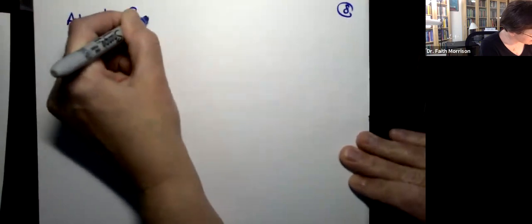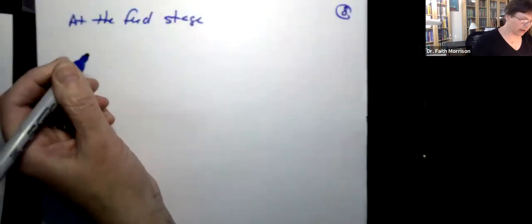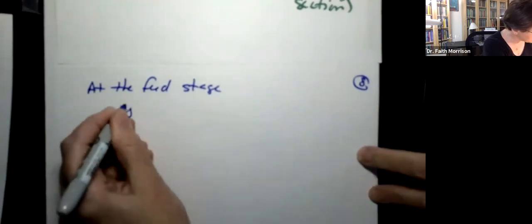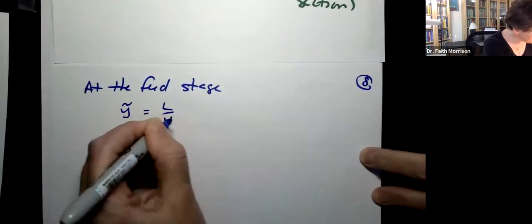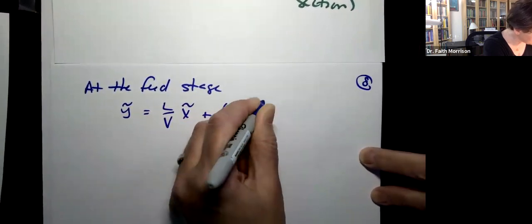At the feed stage, I'm starting with the enriching section. I'm just going to copy the enriching equation with the Y tilde in there. So Y tilde equals L over V X tilde plus 1 minus L over V XD.